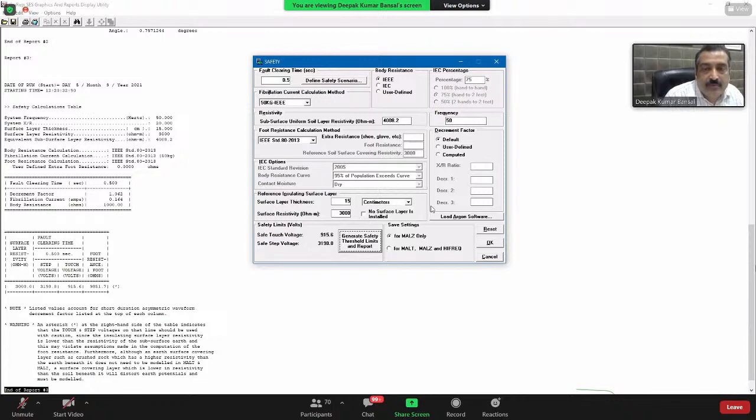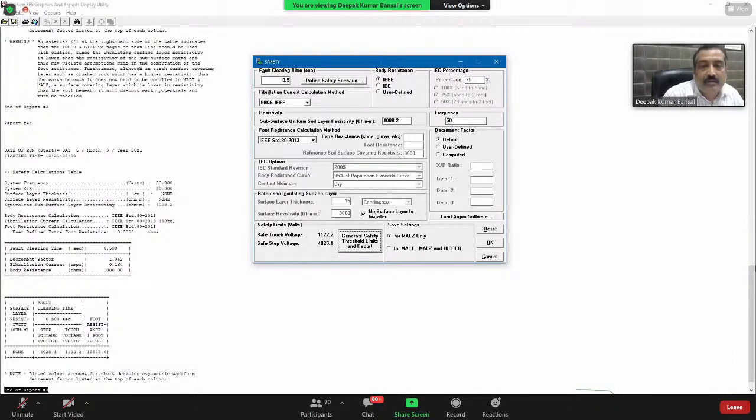So suppose no surface layer of gravel is installed in the substation, then what will happen? Okay, it is increasing in our case because we have higher resistivity soil.